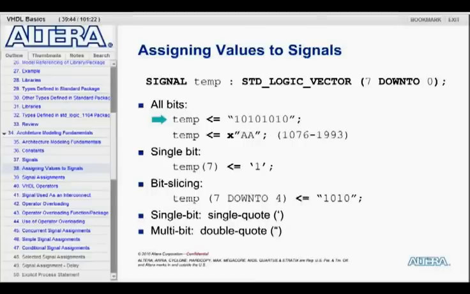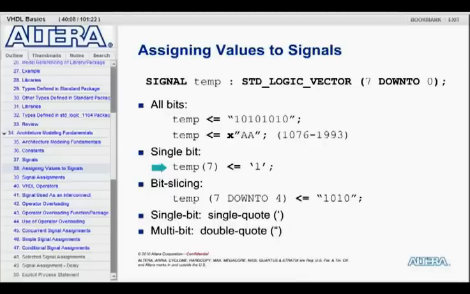The 93 standard of VHDL also supports using hexadecimal notation. So in the second example, you can see I'm assigning temp to the value of AA in hex. If I want to pick off a single bit of the bus temp and assign it a value, then I can use parentheses to select the array bit.